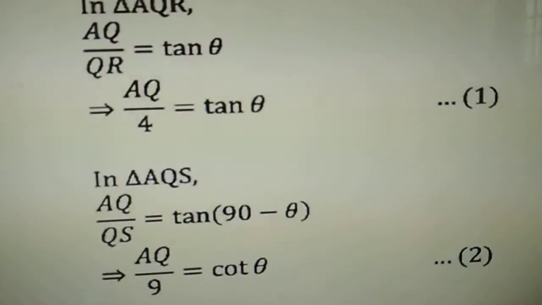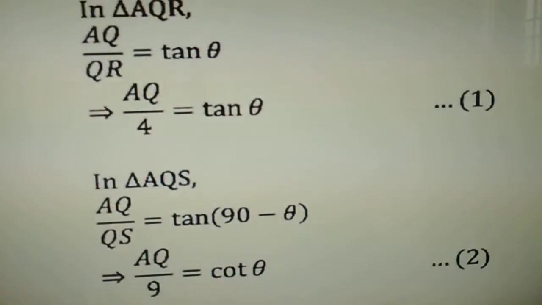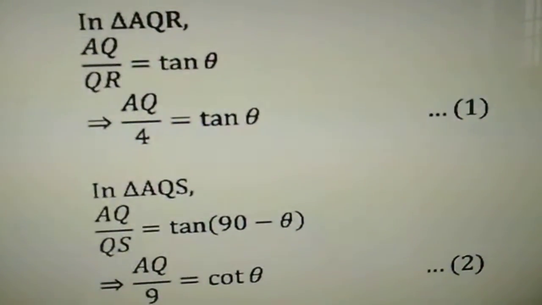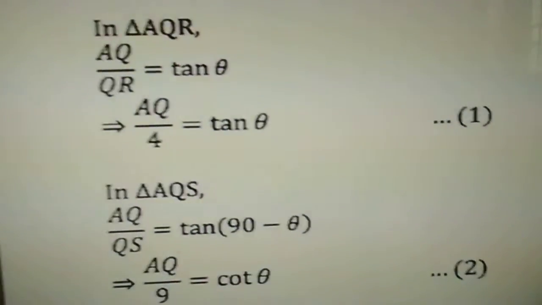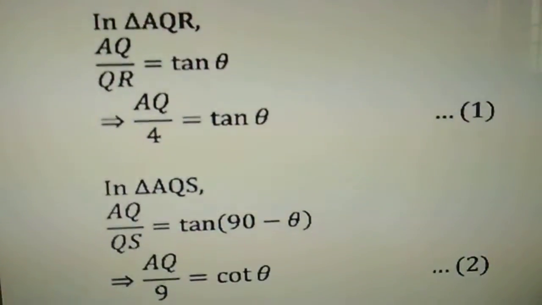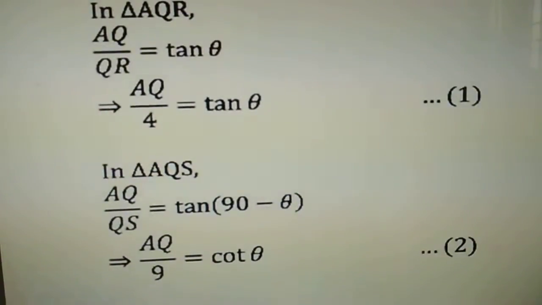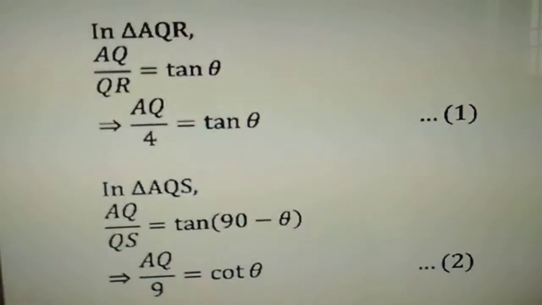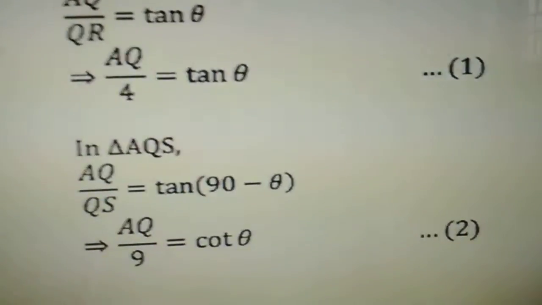You know that tan of 90 minus theta is cot theta, the trigonometric ratio of complementary angles. So we have another equation. AQ by 9, since QS is equal to 9 meters, AQ by 9 is equal to cot theta. This is the second equation.